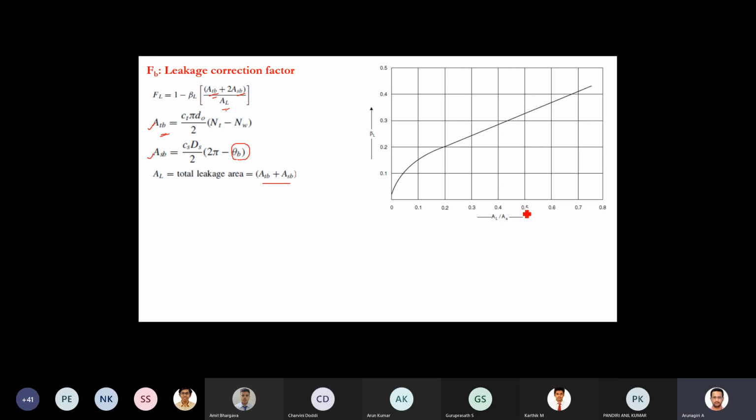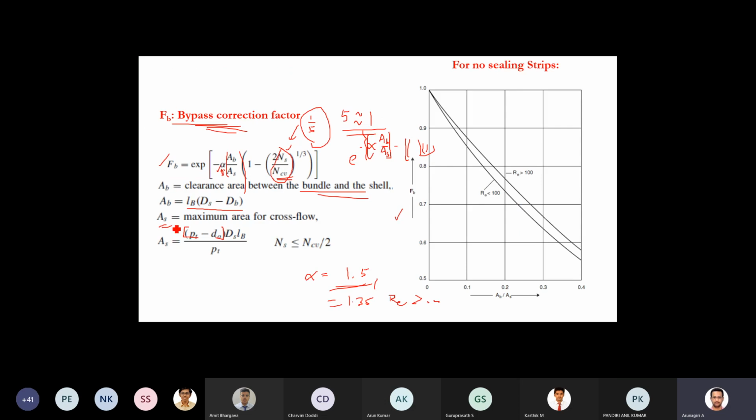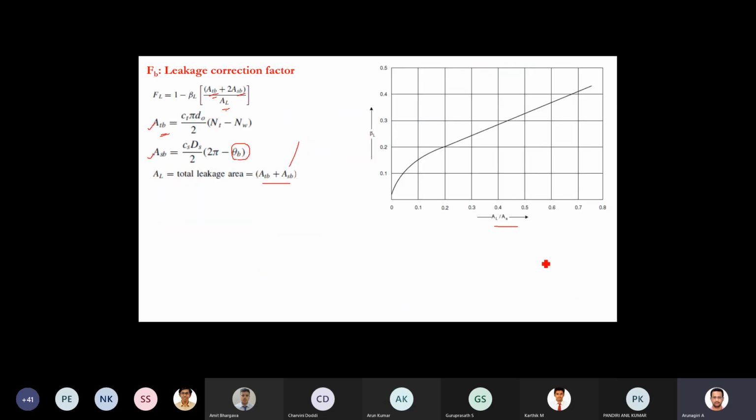So once you know the AL by AS, AL being the total leakage area, and AS you already know how to calculate, that is PT minus D naught by PT into DS into LB. So you can calculate AL by AS. From this you can calculate the beta L, so substitute the beta L and calculate the FL.